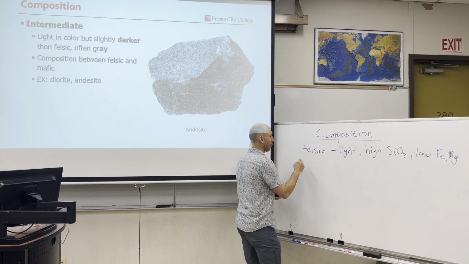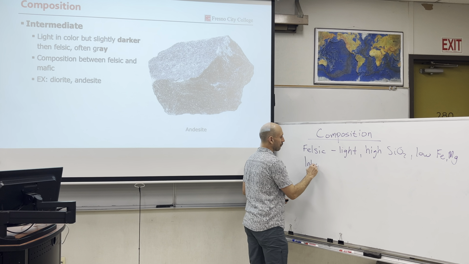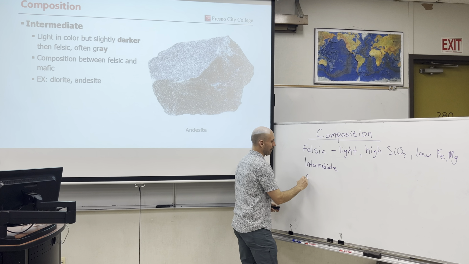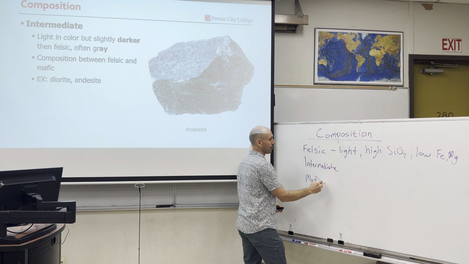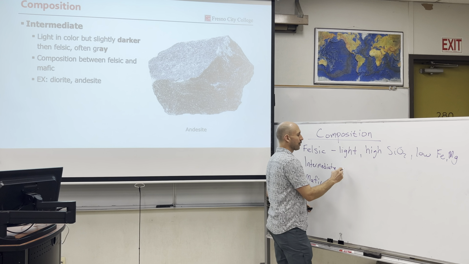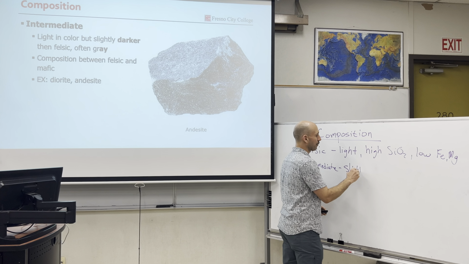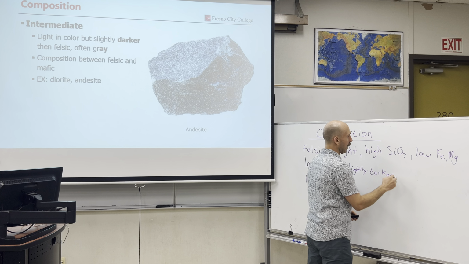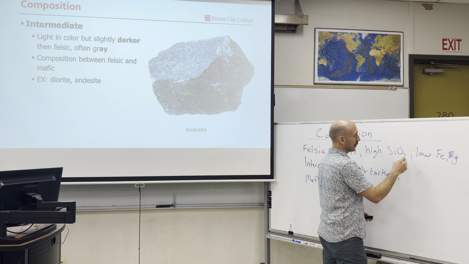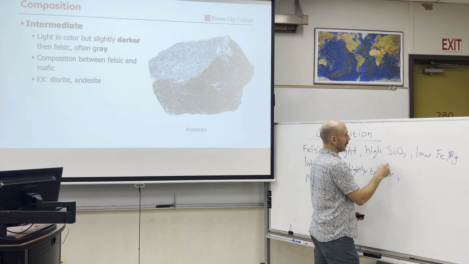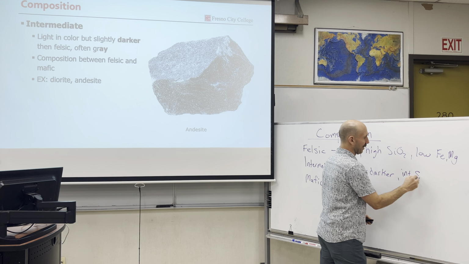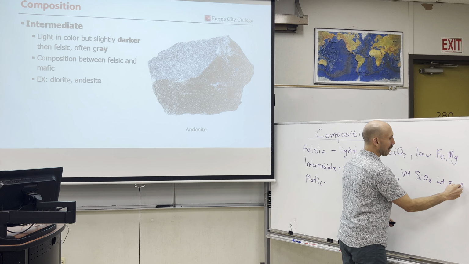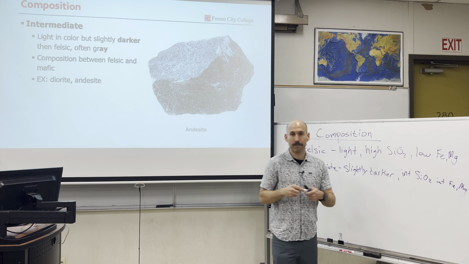Intermediate. Intermediate is because it's between felsic and mafic, which we'll talk about next. Intermediate is slightly darker than felsic. And again, its SiO2 is going to be intermediate, and then intermediate iron and magnesium.